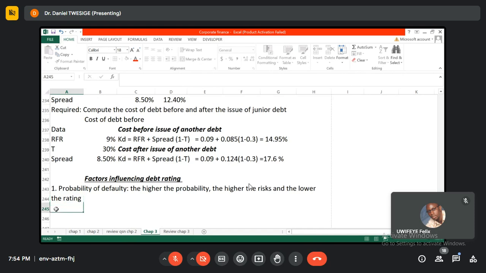That is number one. Number two is maturity period. The longer the maturity period, the higher the spread, the risk. If you have a debt that is maturing in 2 years and another debt which matures in 5 years, a debt which matures in 2 years will have a lower risk compared to a debt that is maturing in 5 years.